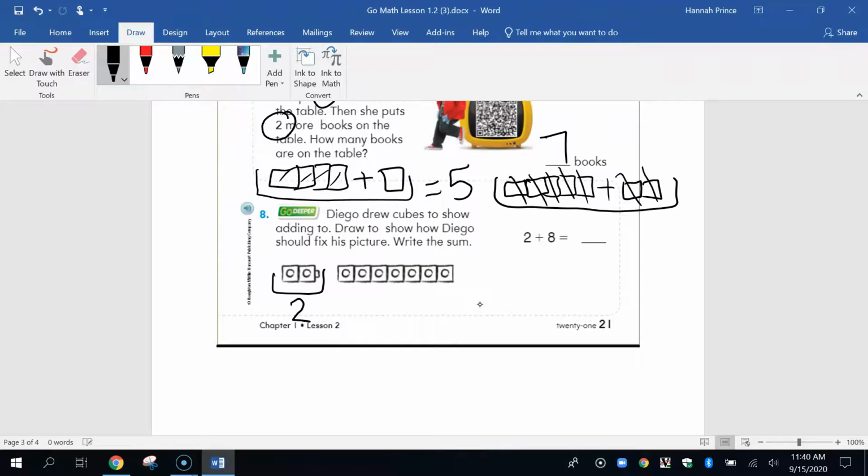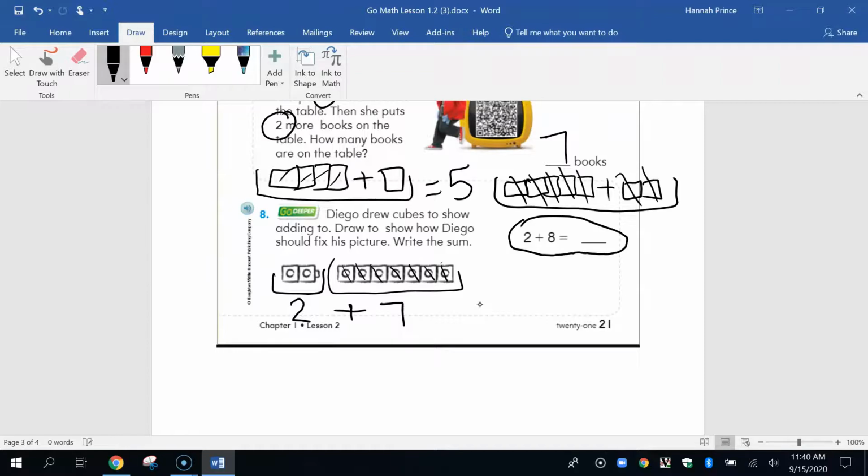2. How many cubes here? 1, 2, 3, 4, 5, 6, 7. It looks like we need to fix this problem. So, right now his problem says 2 plus 7, but we need our problem to say 2 plus 8.